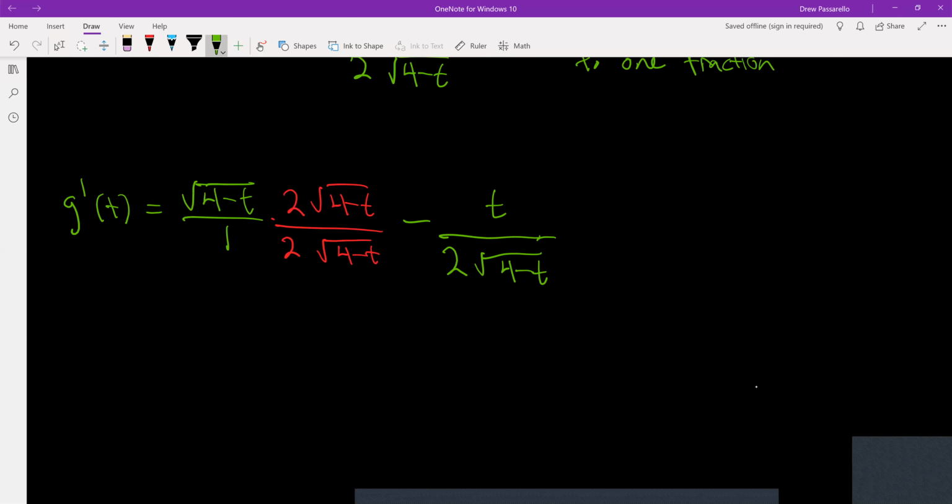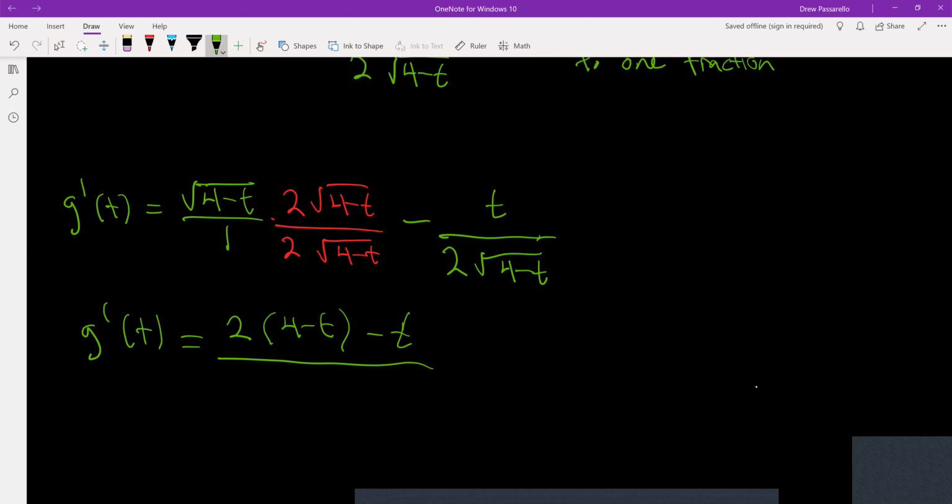All right, so g prime of t. So I have square root of 4 minus t times square root of 4 minus t. That makes the square root go away. But keep in mind, I still have the 2 in front of it, so it'll be 2 times 4 minus t. And now they have the same denominator, so I'm going to go ahead and make it one fraction. So then I have minus t.